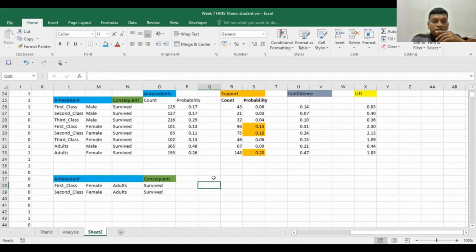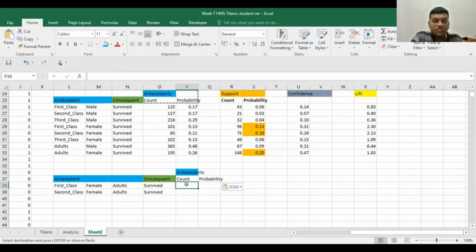So let us look for antecedents, counting probability. Control C. Okay, count.